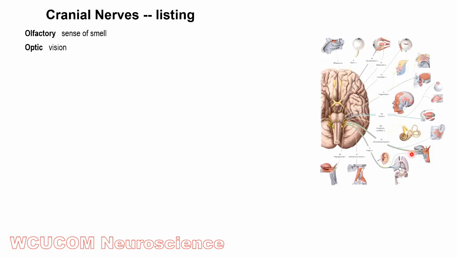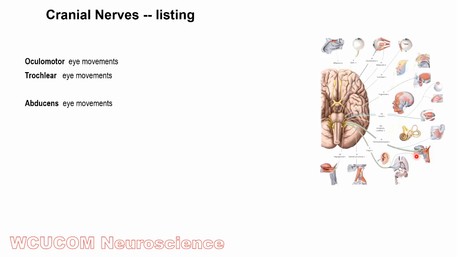Now, one could go in a numerical order, right? You don't have to. For example, we could highlight these 3, oculomotor, number 3, trochlear, number 4, and 6, or abducens, as the cranial nerves that move the eye.